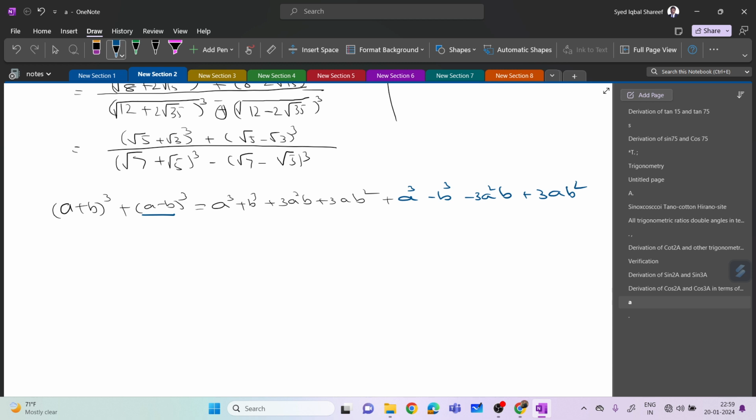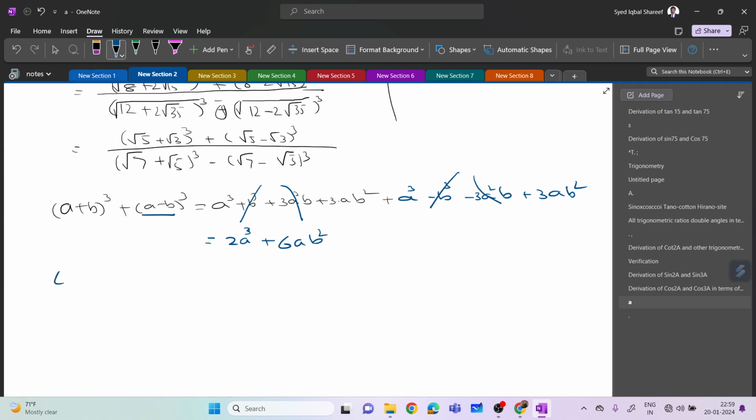Now, what can we do here? B cube getting cancelled, and this one getting cancelled. So what is left? 2a cube plus 3 plus 3, 6, a b square.